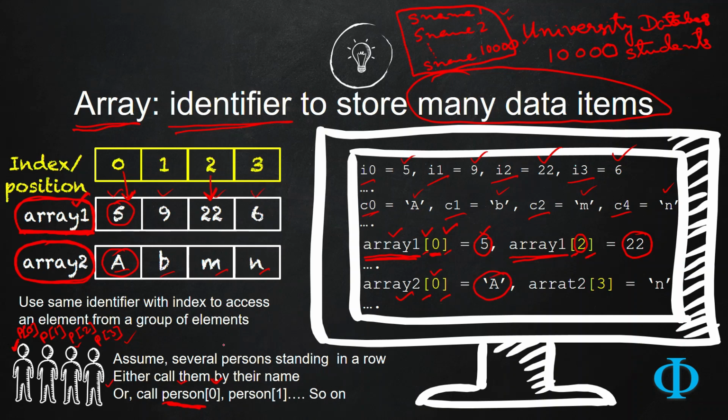The same thing, it is array2, inside the index 3 I want to store n, so I wrote array2 with the opening and closing box bracket, this is 3, and then I have stored n. And I think there is a small typo, instead of t it should be array2.